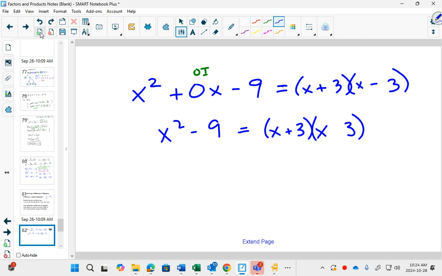And if you make one positive and one negative, your outside and inside will always make the middle go away. And so if you recognize a difference of squares, factoring them is super easy because it's always the same number here, the same number here, one plus and one minus so that your outside and inside cancel out, and it works out perfectly.